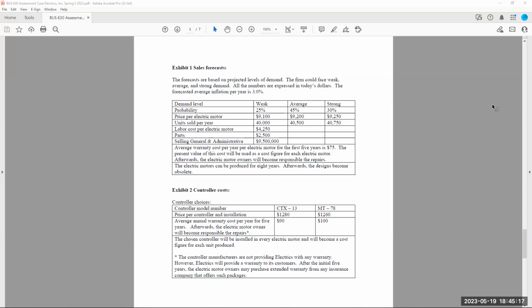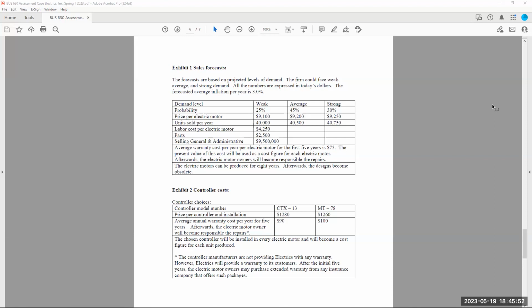So you include the warranty in that discounted cash flow analysis for your warranty costs. And that is the reason why that's going to be the same amount every year, 1 through 8 for warranty, whereas the variable costs for labor, parts, and the controller are going to inflate at 3% every year. That's why you keep those on separate lines. The inflation has a different calculation for those two. It is confusing, but that's why you're an MBA student, to try to sort this out and present it.